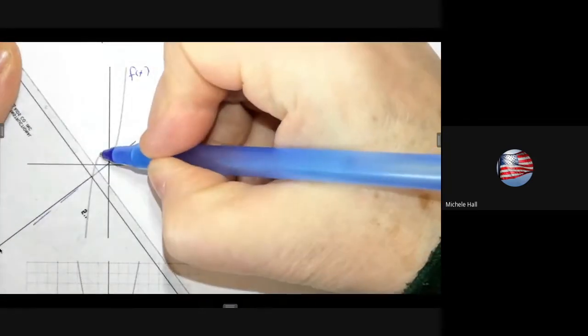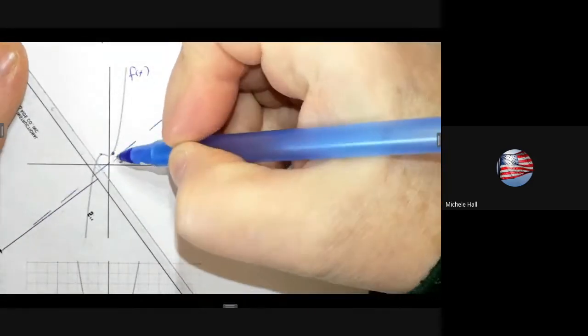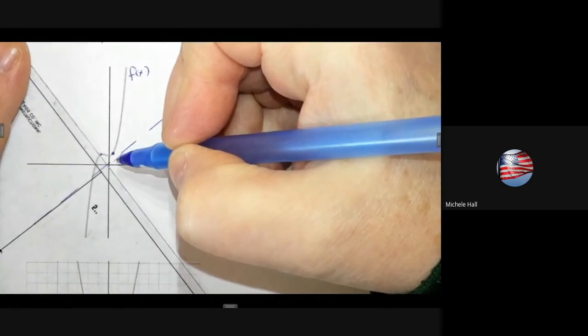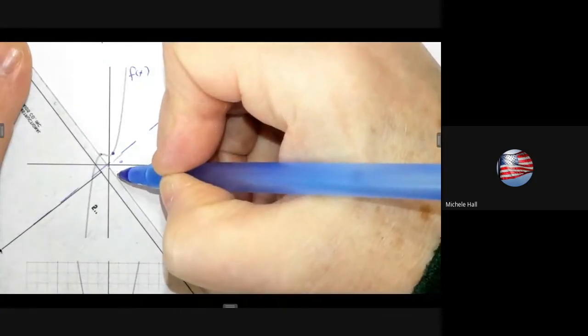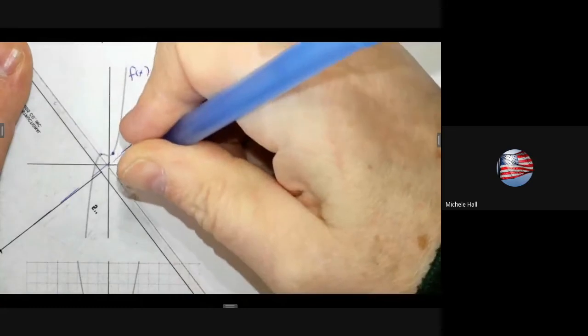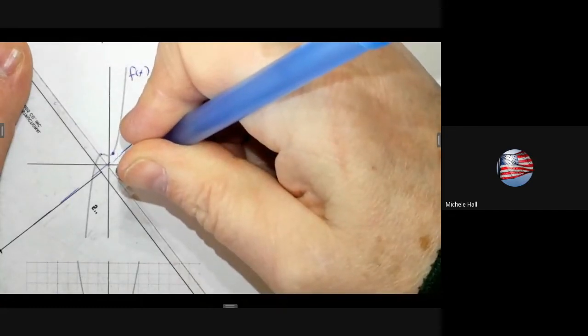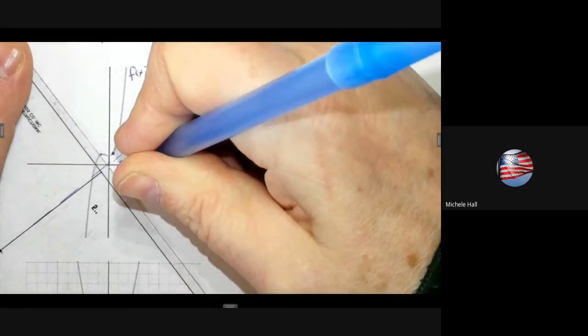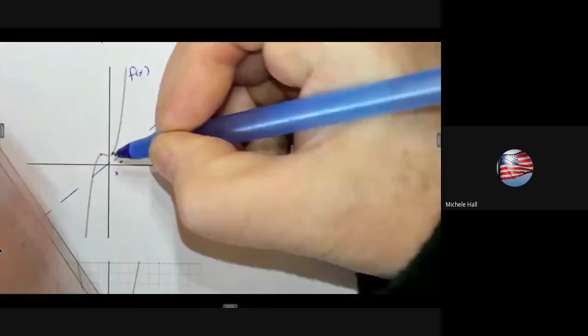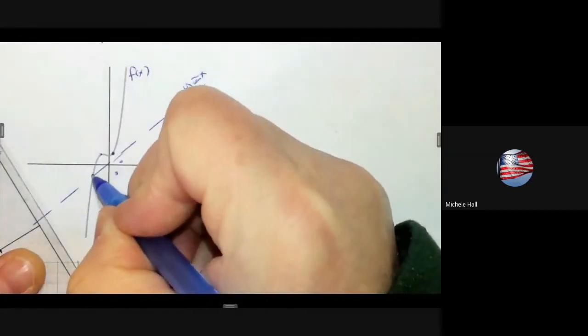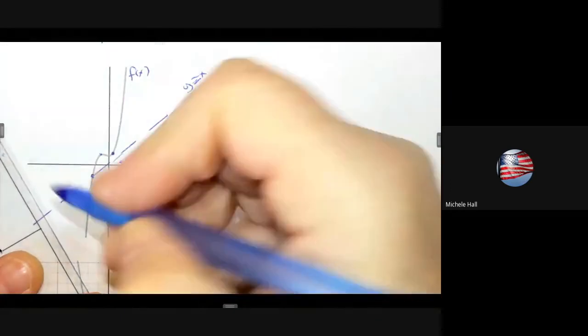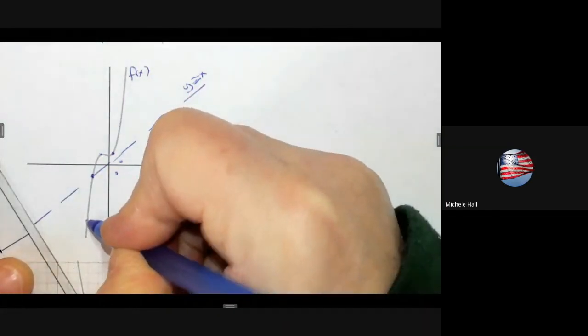This point that is out the furthest on that curve. Where it's crossing over. And then we'll pick a point on the end point.